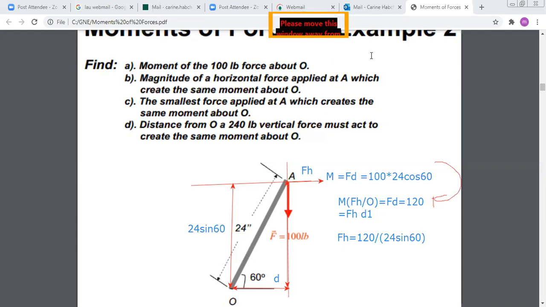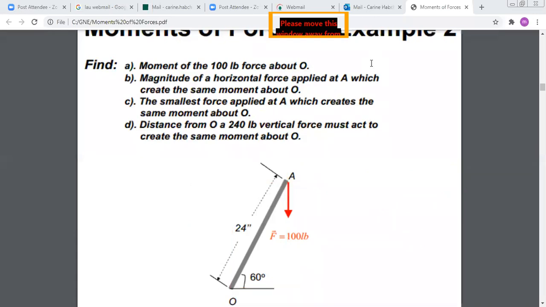Should the force be perpendicular to the line? Very good. Why? Because if the force is perpendicular to arm OA, then the projected distance will be maximum.